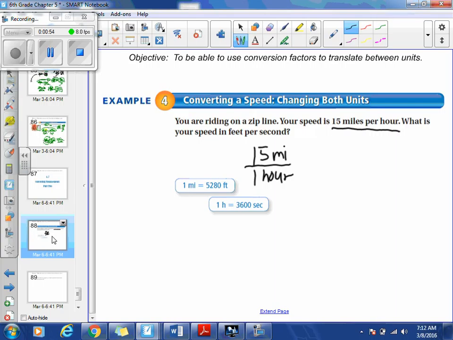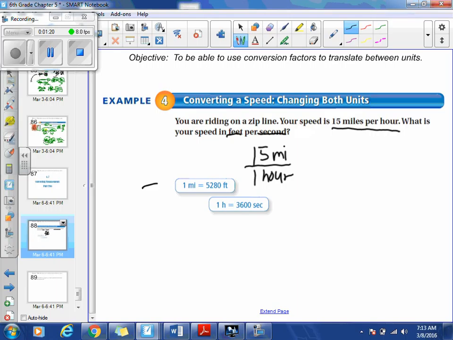So here's the difference between this video and last video. These examples are not harder, but have more steps, because they want us to change miles to feet, and if this had been like the first examples in the first video, we'd be done after we changed it to feet. But they also want us to change hours to seconds. So we're going to start with one of those.